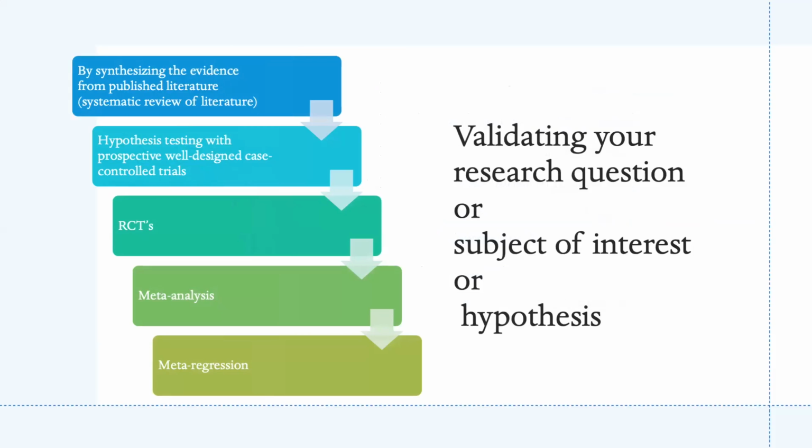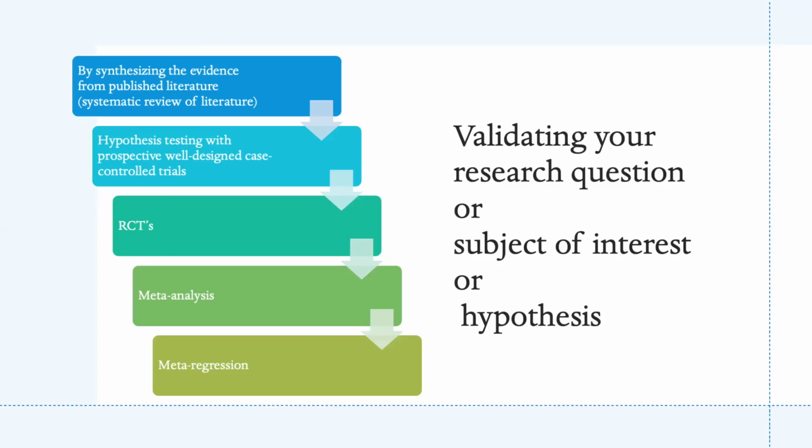Number two, you can extrapolate and do case control trials, prospective, if you have extra time and resources. It could be randomized controlled trials, or if there are randomized controlled trials already published in literature, you can pull all of them together and produce a decent meta-analysis.